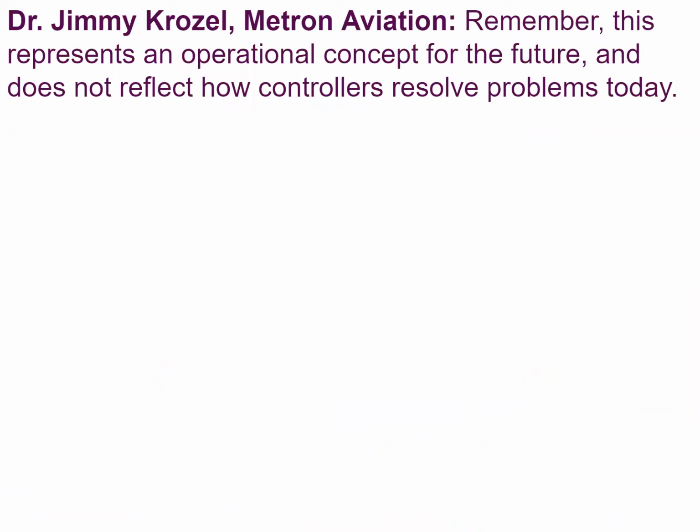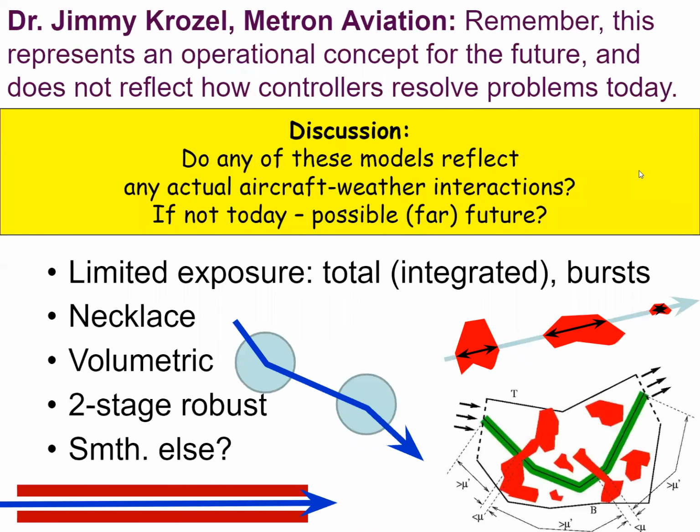And our colleagues from Metron Aviation, we were working with them quite a lot, were saying that these are still research questions. It's not really how the controllers do things these days, but nevertheless, these are all good questions. What are the right models for the flight paths to represent how the pilots fly or can fly their aircraft?